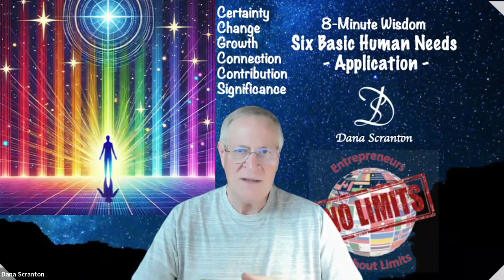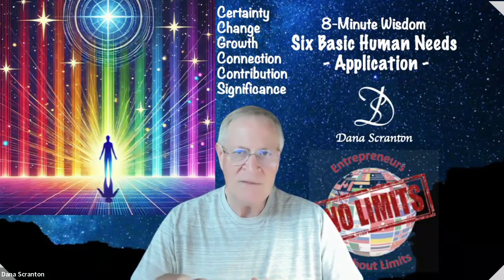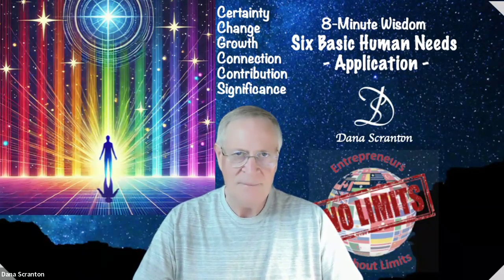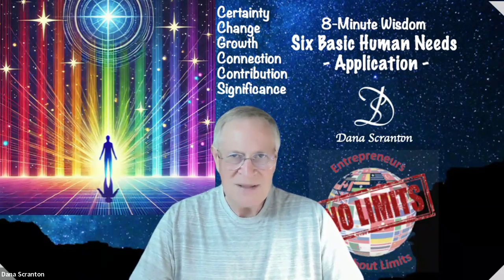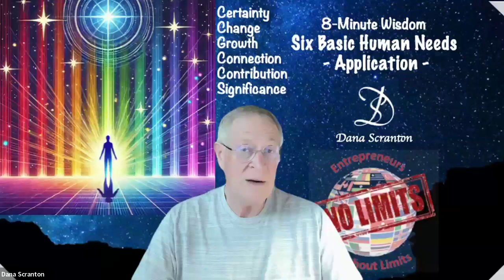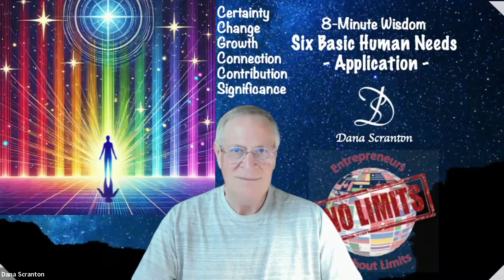But in this series, what we're going to do is take each of these one at a time, break it down, and talk about what it is, why it's important, how to apply it. That's pretty simple, seemingly. But what you'll find is that it will challenge to a certain degree your paradigms of thinking, and that's what we want.